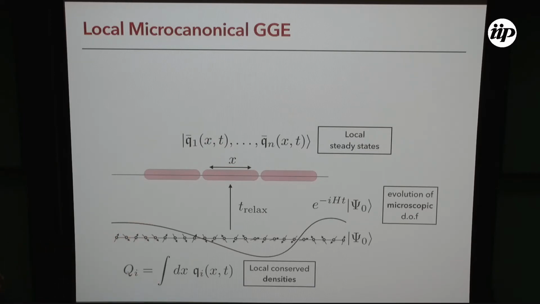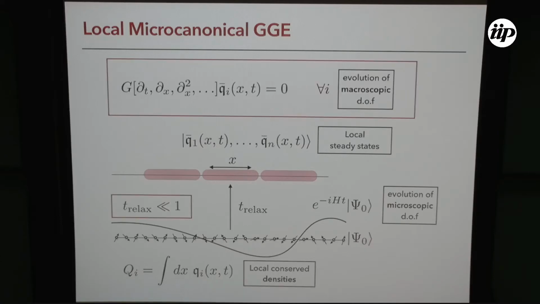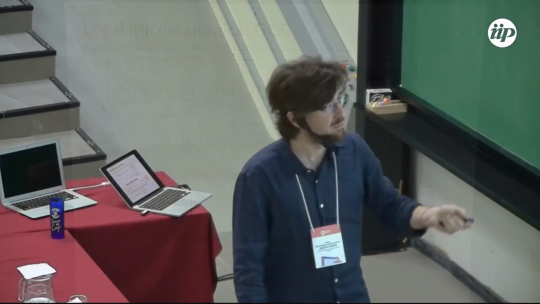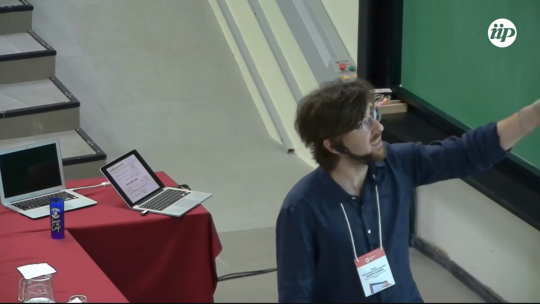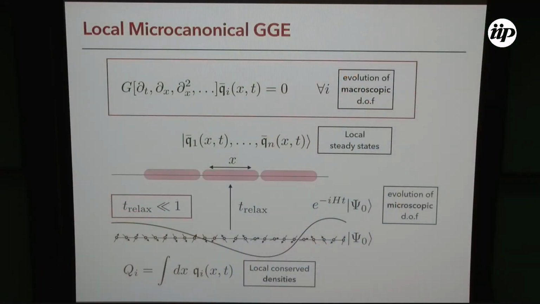Okay? So the whole idea of hydrodynamics is to say, let's assume that this relaxation time is really small. Let me put it to 0. And the whole dynamics I care about is the evolution of the macroscopic degrees of freedom. So I don't care anymore about the microscopic ones, because I just assume they relax to some local quasi-stationary state.